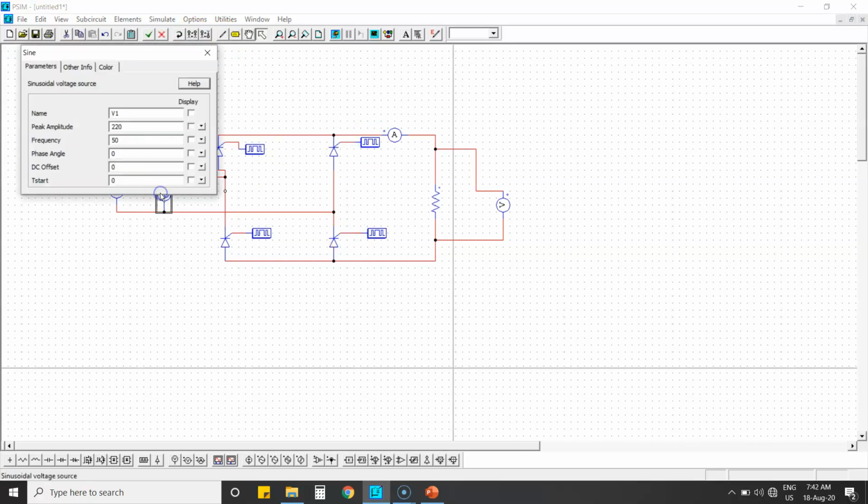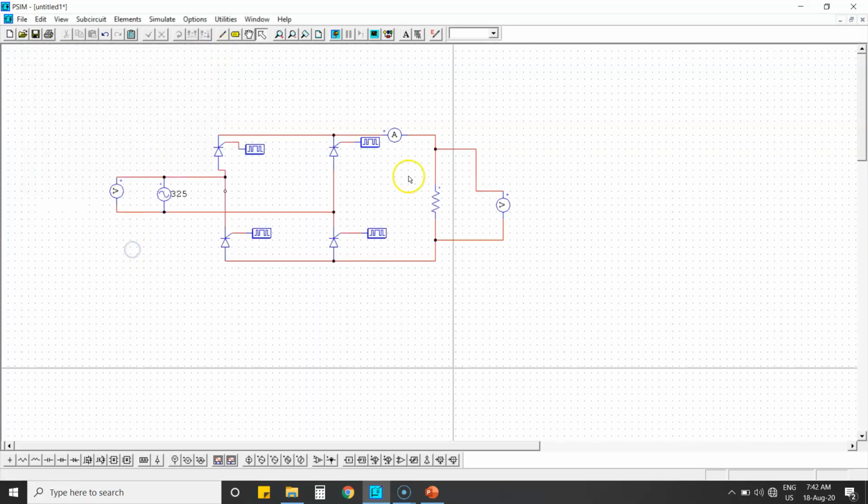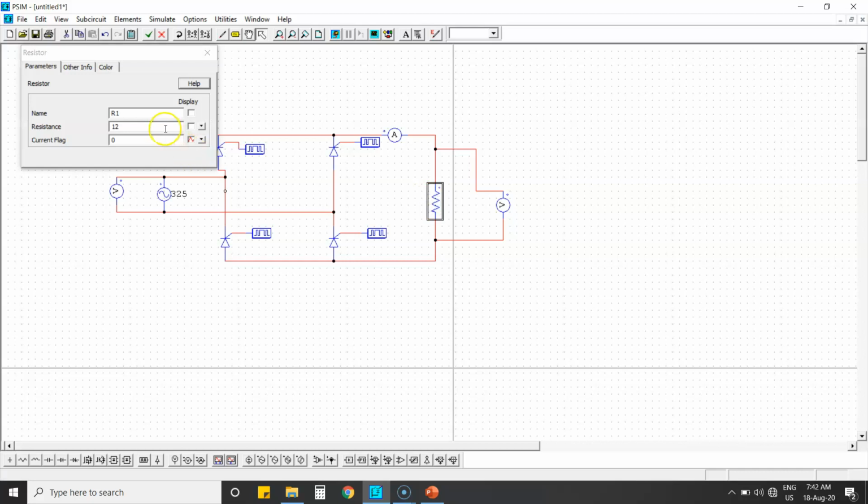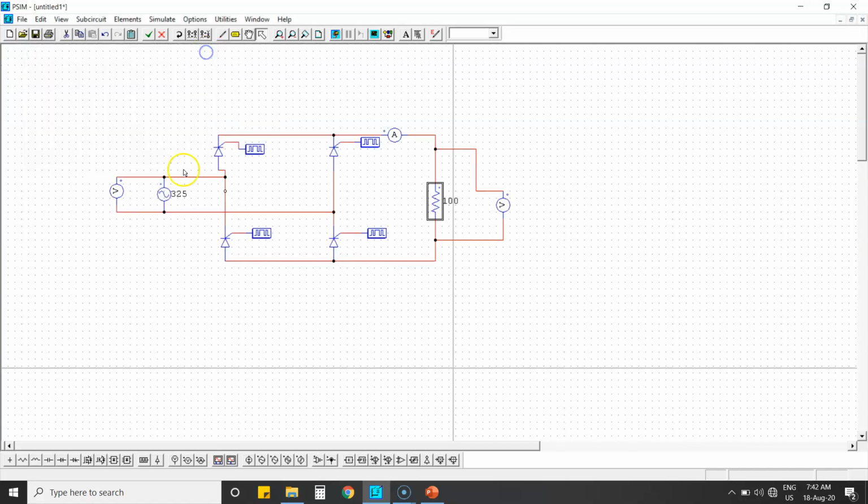For the AC supply, we have a peak amplitude of 325 volt with the frequency 50 hertz. On the load side, take the resistor value as 100. The main thing is that you have to give the same switching pulse for this one and this one.